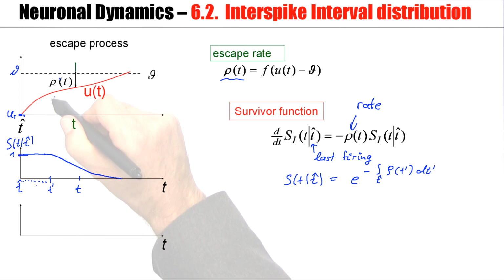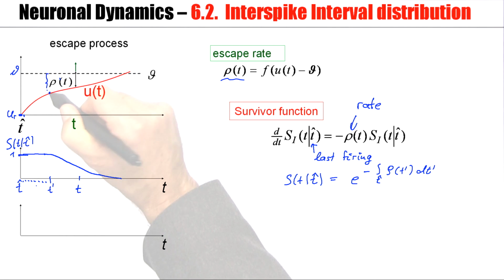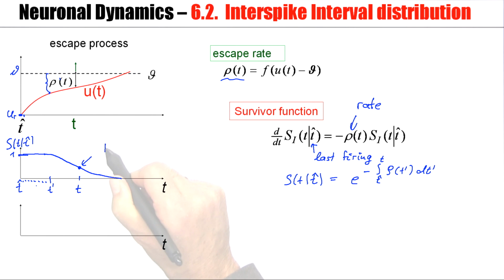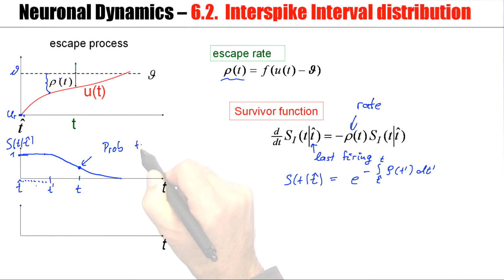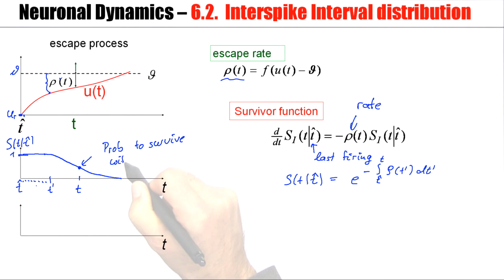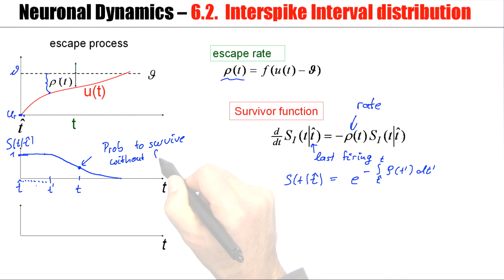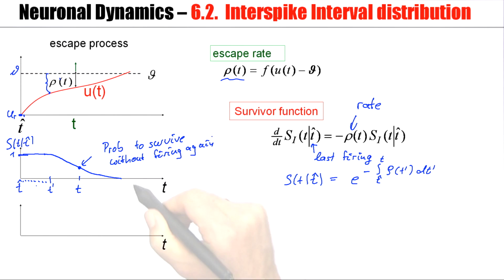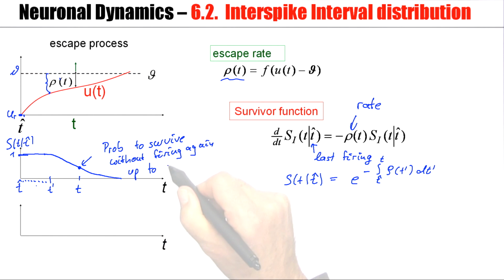And in this moment t prime, I have already a certain escape rate. And this lowers my survival function. And I integrate up to time t. Then this is the value. This is the probability to survive without firing again up to time t.